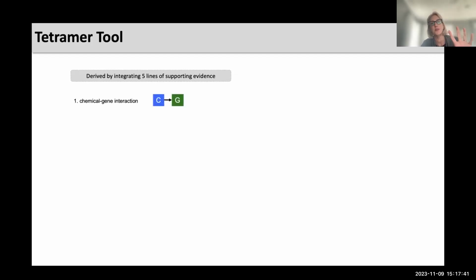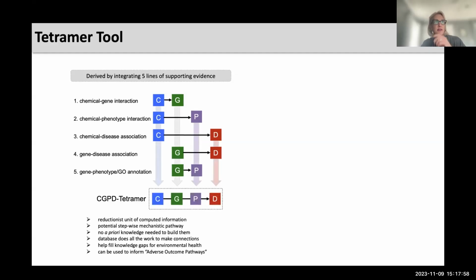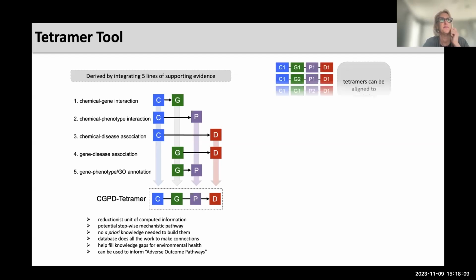So in order to create a tetramer, we require 5 lines of supporting evidence. So a chemical has to interact with a gene, the chemical has to interact with the phenotype, the disease. We have gene disease connections and then gene phenotype connections. And then we can compile all of this together and say, this is what this collective connectivity might be between a chemical and a disease.